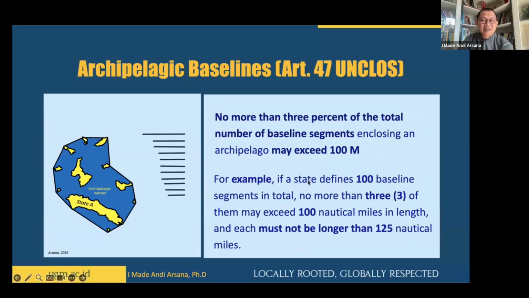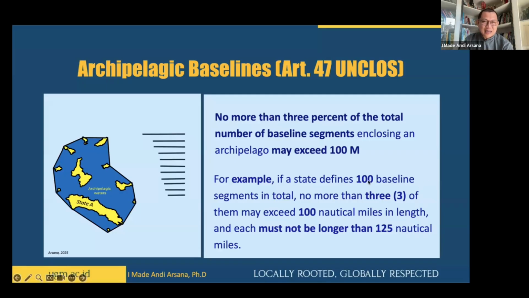For example, if a state defines 100 baseline segments in total, then no more than 3 of them may exceed 100 nautical miles in length.